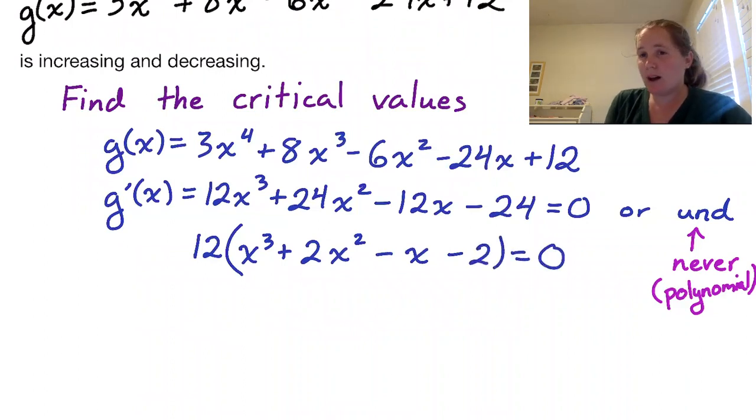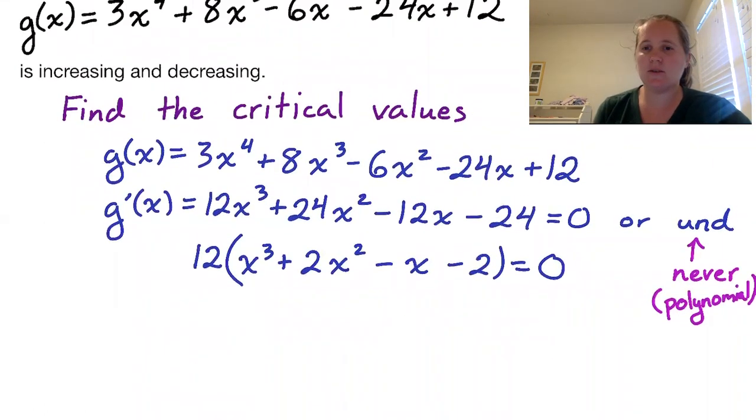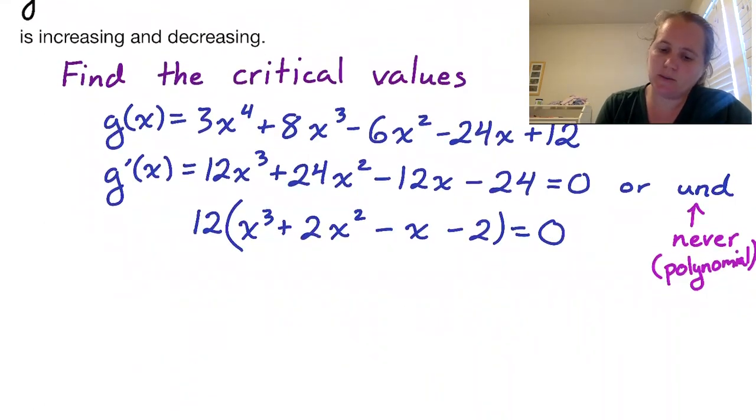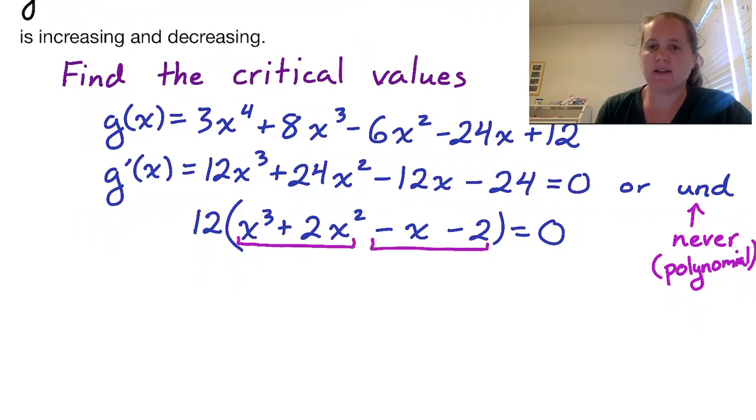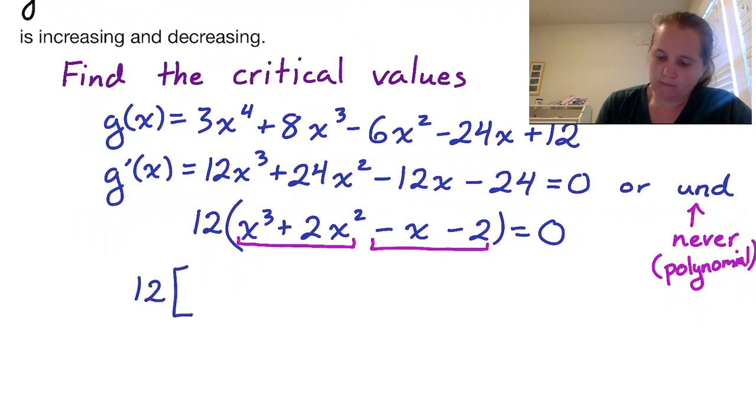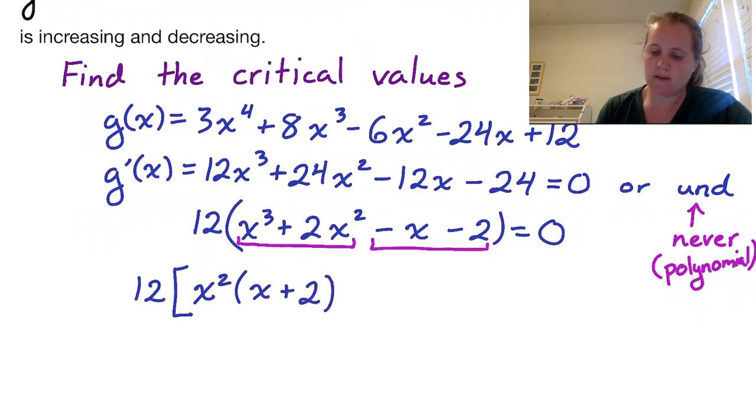It's probably been quite a while since you've seen factor by grouping, so we're going to do a little review. We're going to group x cubed plus 2x squared, and then we'll group negative x minus 2. In that first group, we can factor out an x squared from those first two terms, so we'd have x squared times x plus 2. In that second group, we can pull out a negative 1, and we're left with x plus 2.